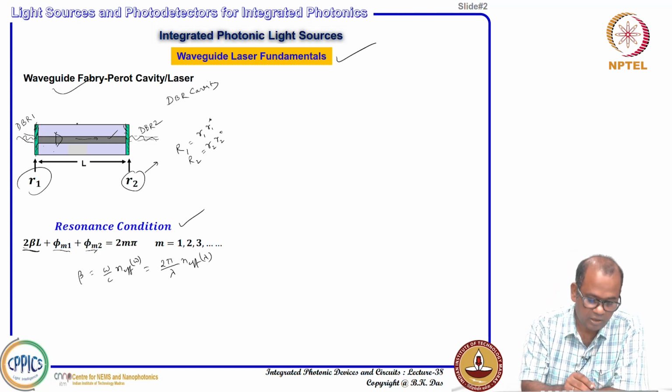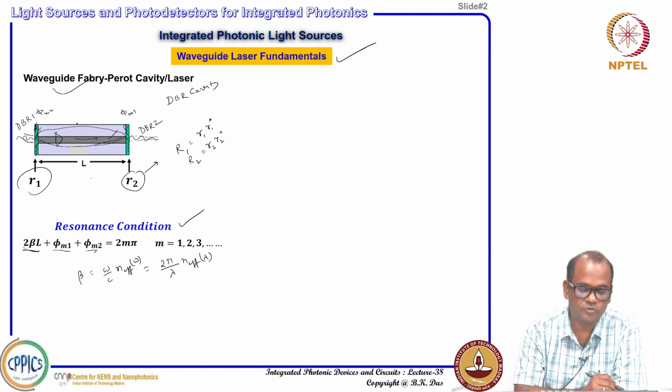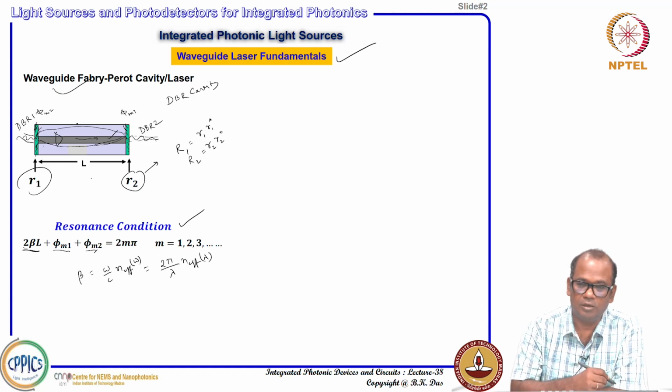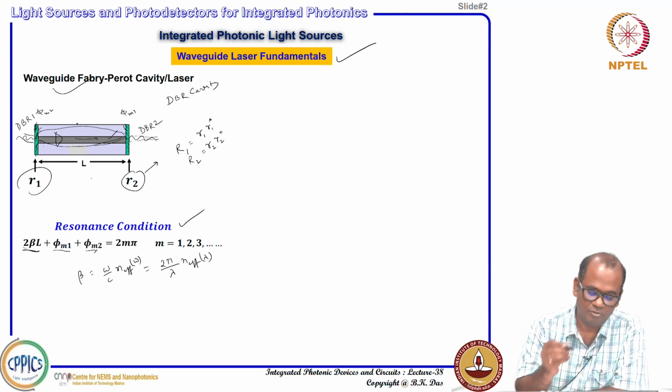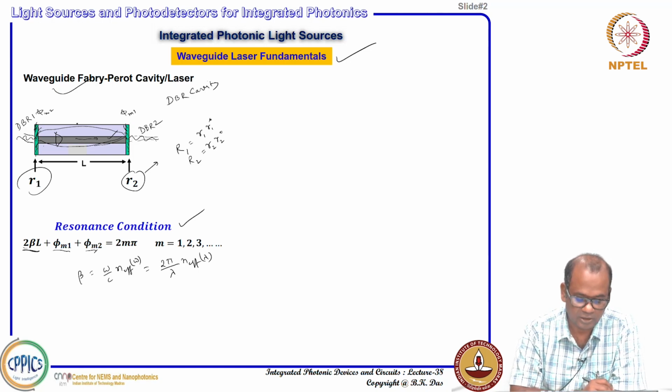So, for one round trip, it travels here, acquires beta L phase, comes back with a reflection and phase phi m1, and again beta L phase, and again gives you phi m2. Then one round trip completes. That means one round trip is a double pass and a reflection from mirror 2 and mirror 1 respectively.